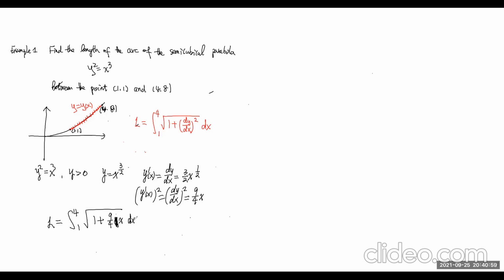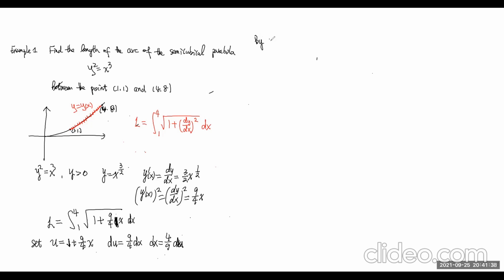So let's compute this. I think last time we talked about this, we have to rationalize the integrand. We use the u substitution. u is 1 plus 9/4 x, and then du is 9/4 dx, so dx is 4/9 du.